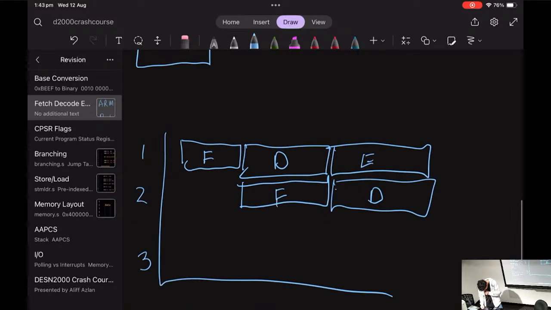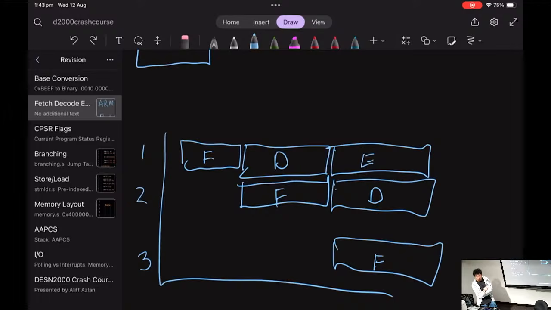As the second instruction is being decoded, the first instruction is being executed, and the third instruction is being fetched. And this just runs all the time. Which is why, when we use the fetch-decode-execute cycle, we can say that we're actually running it at almost 3 times normal speed, which is the main advantage as to why we do something like this. Cool.